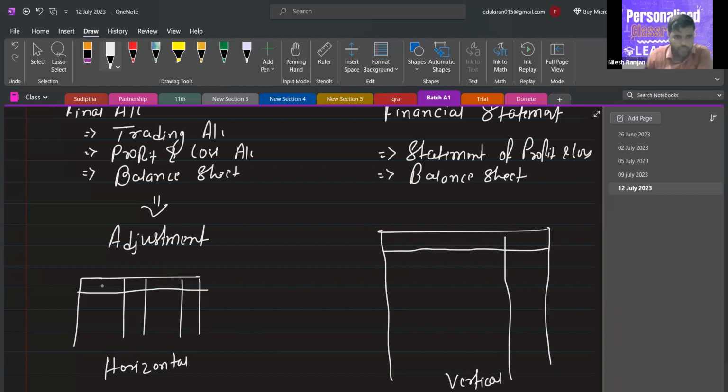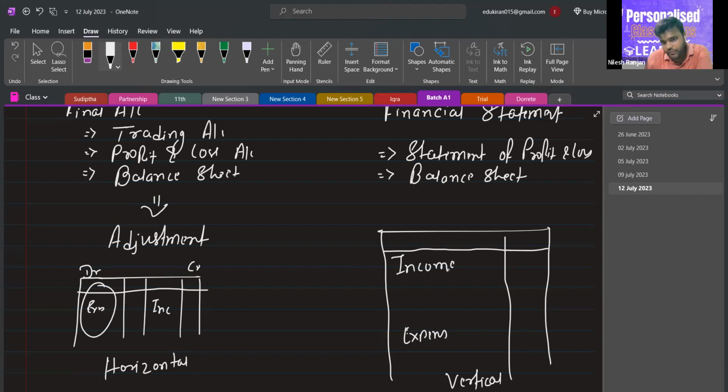Okay. Now what we do here, we write, there is debit side and credit side. We write all the expenses on the debit side and we write all the income on the credit side. If we are preparing a statement of profit and loss, income will be here and expenses will be here.